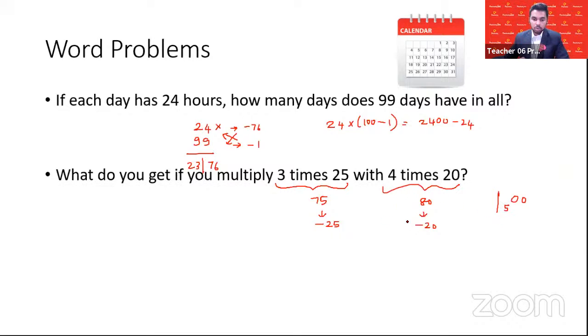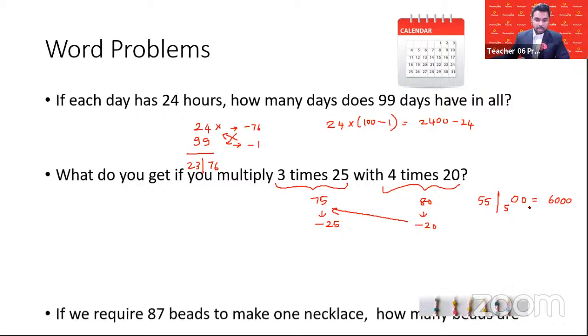Now I have to do cross addition. So I'll do 75 minus 20, which is 55. But I have to consider this carry. This is going to be 6,000. You can verify the answer later.